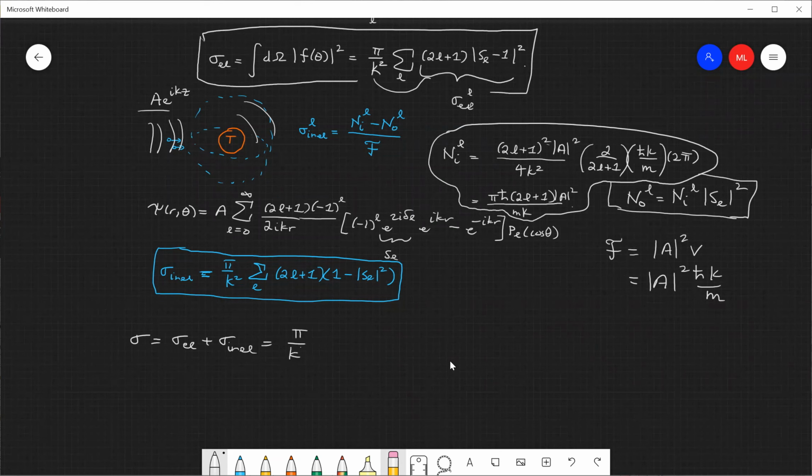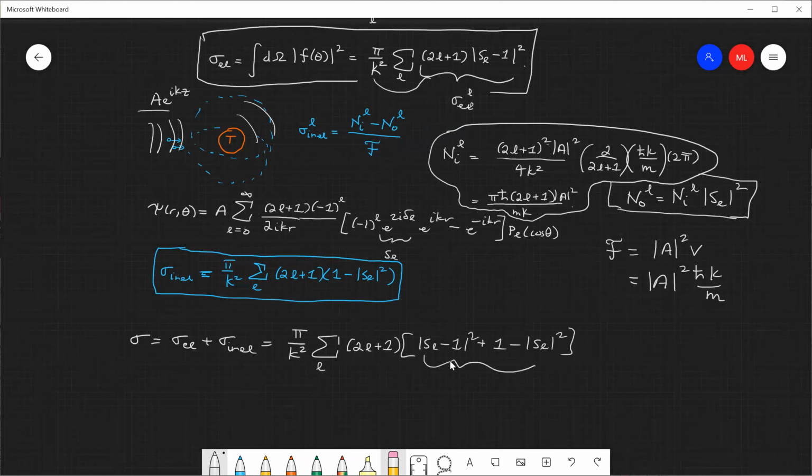Thankfully, these things are pretty easy to add. You just have that 2L plus 1, and then you have the magnitude of S_L, and you get the plus 1 minus the magnitude of S_L squared.